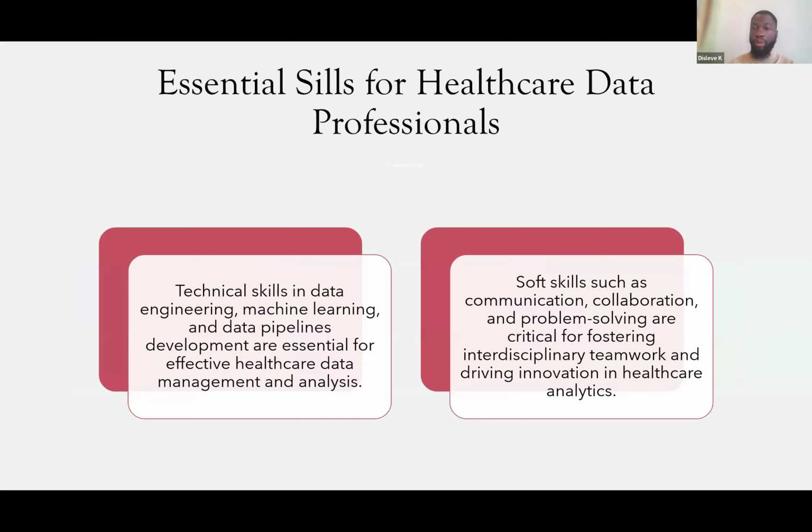Throughout my experience and my journey, I learned skills that I believe are essential for healthcare data professionals. Definitely data engineering. By data engineering, I mean learning how to work with databases, because as a data professional, you usually work with a lot of data in different formats.